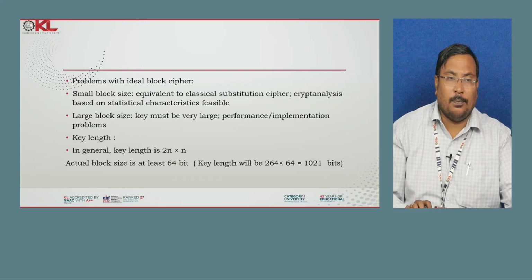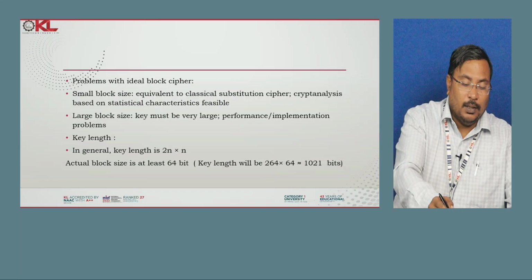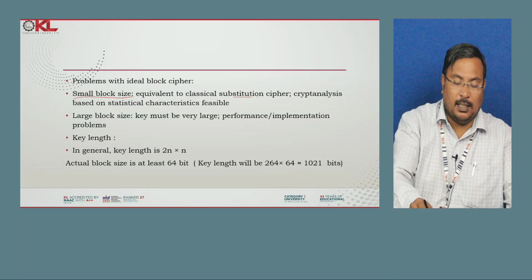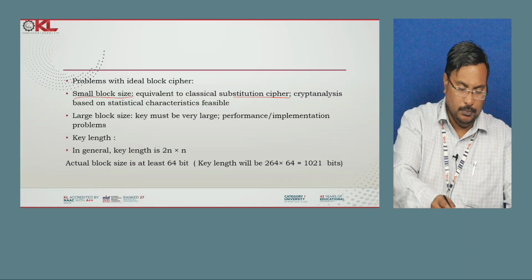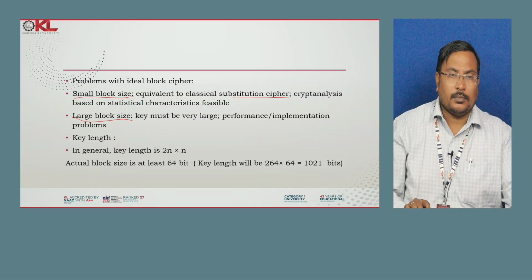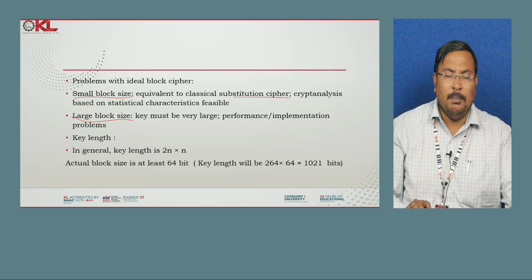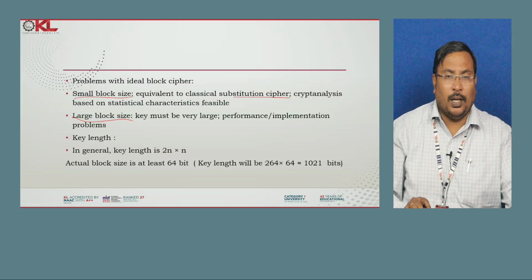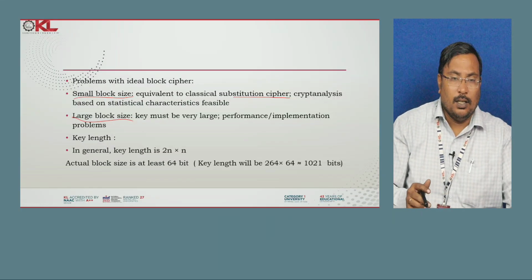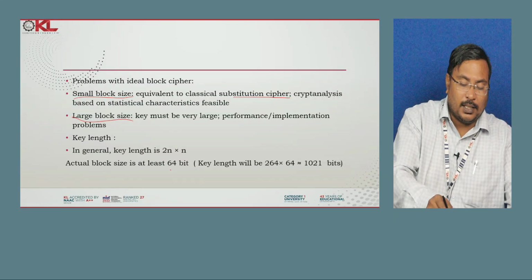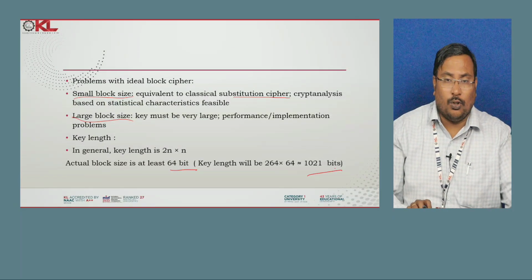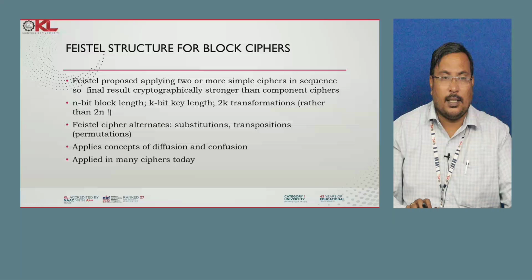Problems with the block cipher: a small block size is equivalent to the classical substitution techniques, so we need a large block size. The key must be very large, because in each and every round we use different keys. So in order to get a 64-bit size, we require 1021 bits of key size.